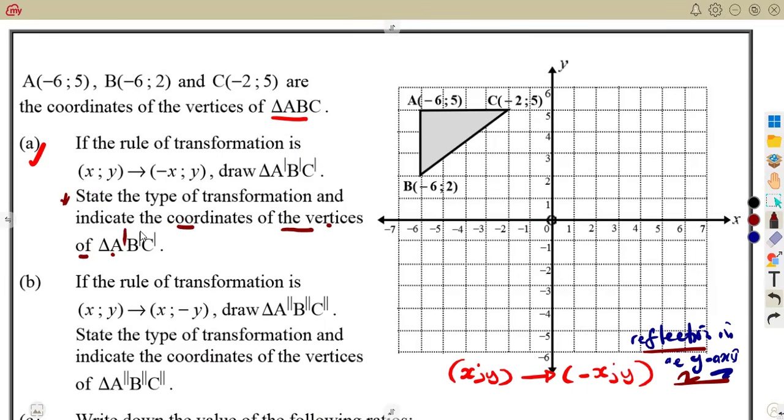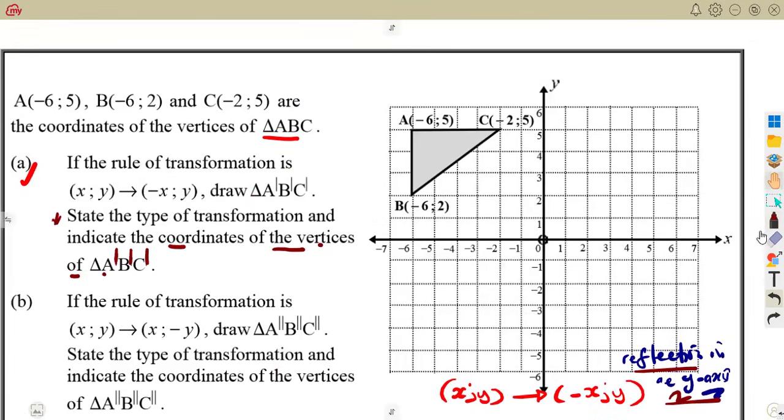These are images A bar, B bar, C bar, like that. Meaning to say they want you to indicate the image of each, from A to C.